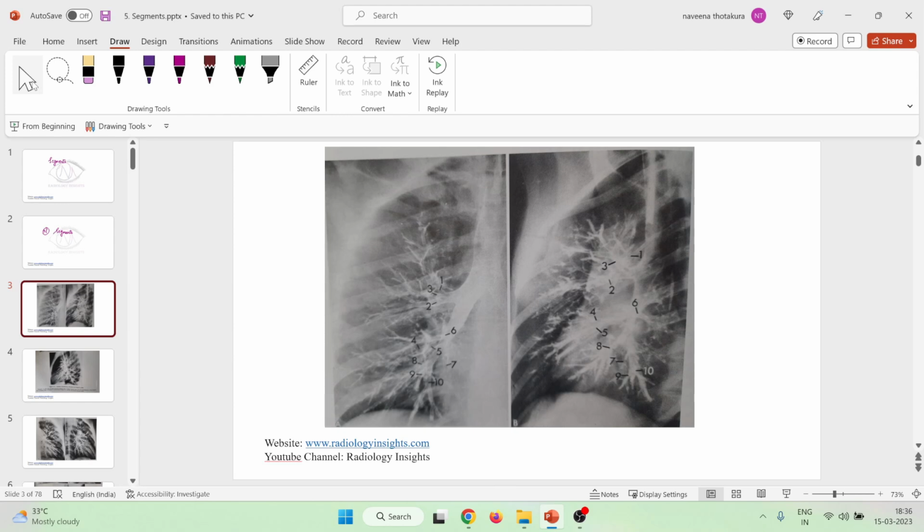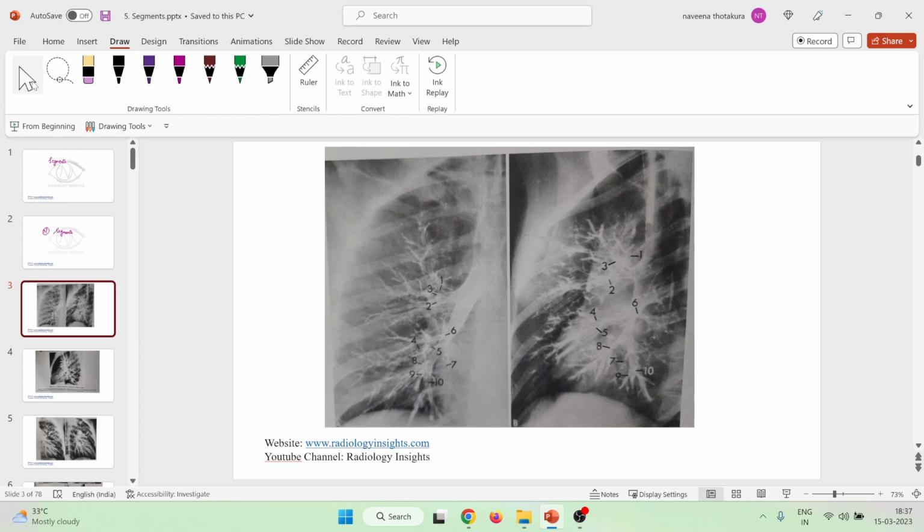Now, there are many disease processes which may be segmental in distribution, for example neoplasms, pneumonias, bronchiectasis, lung abscess, tuberculosis, aspirated foreign body, and pulmonary infarcts. That means they might involve one segment and spare the other segments.